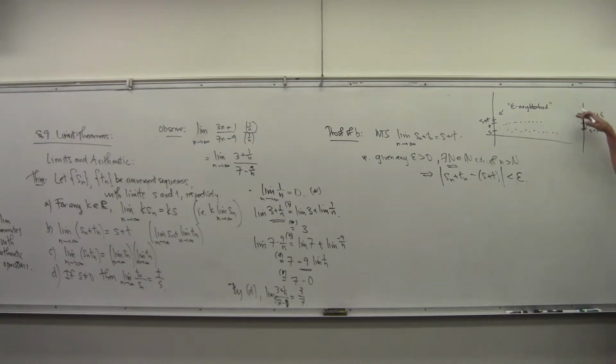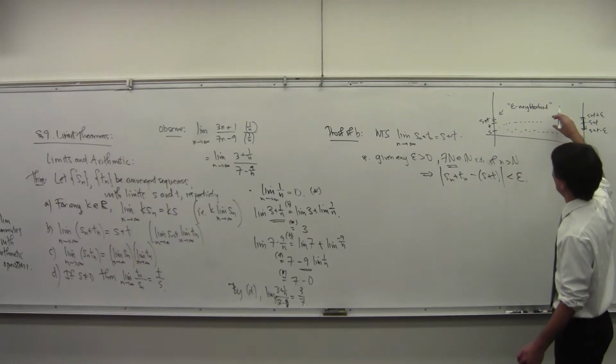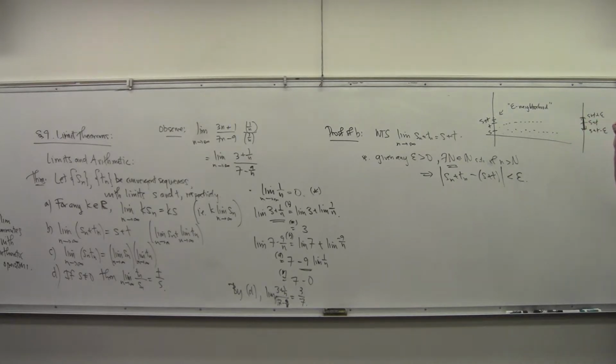So this little interval of radius epsilon is called an epsilon neighborhood. Given any epsilon neighborhood of this thing, there's a time past which all these sums are within the epsilon neighborhood.